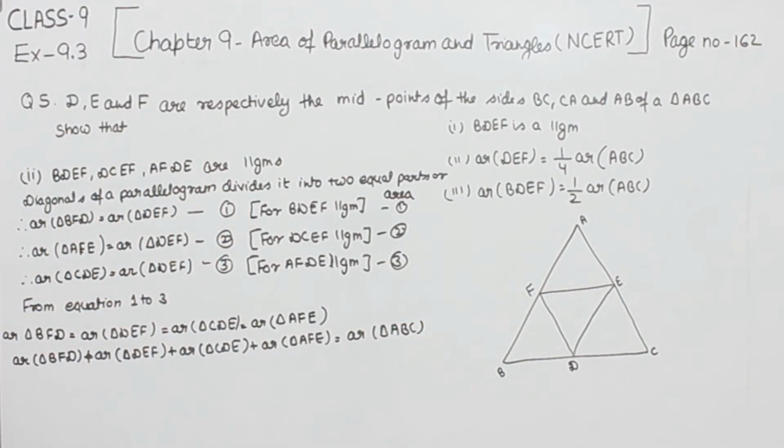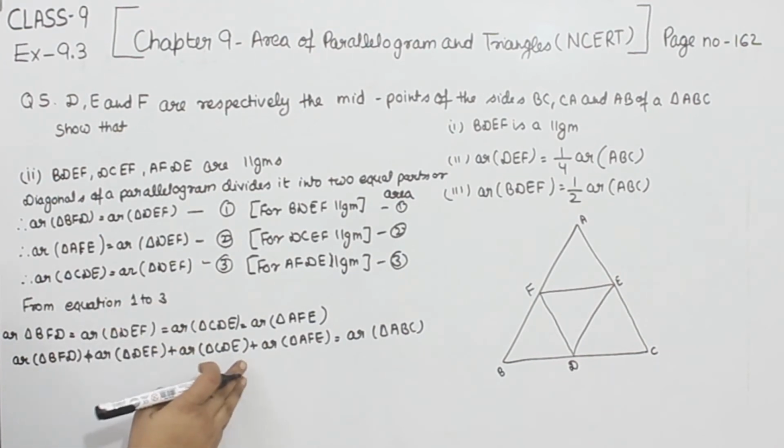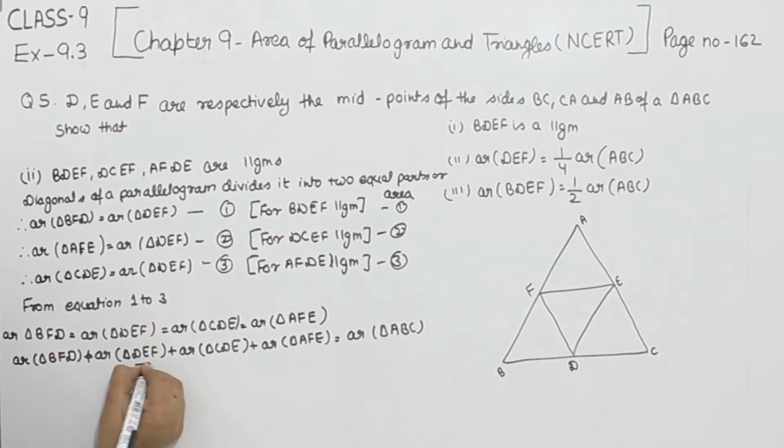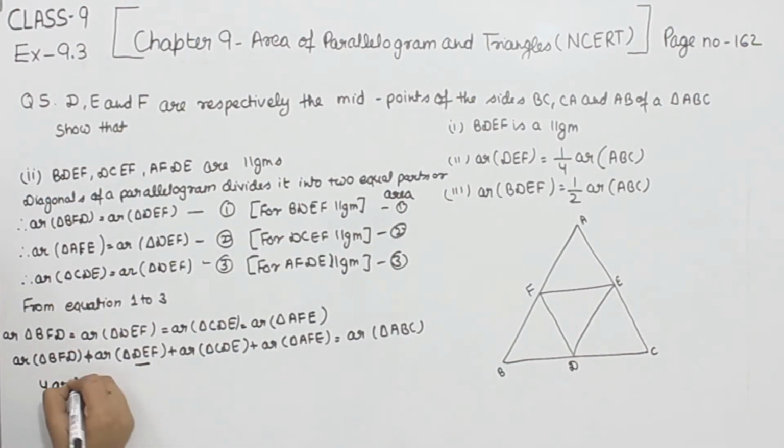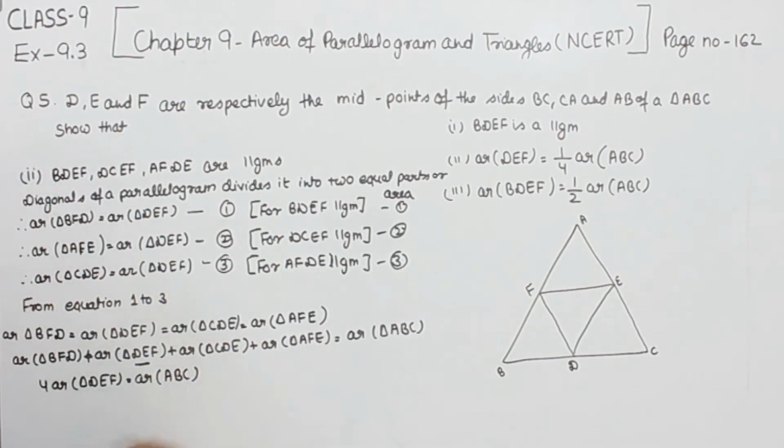Now these are equal. DEF is equal to each of the three others. So in place of this, I am going to write 4 DEF: 1 is there, and 1, 2 and 3. So 4 times the area of triangle DEF is equal to the area of ABC.